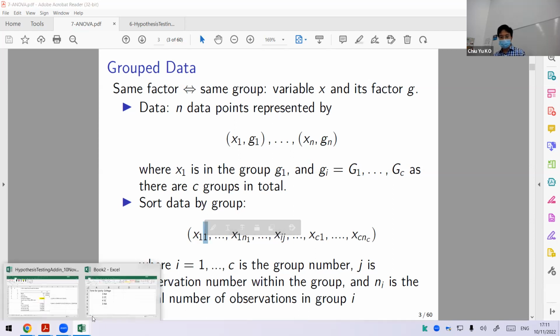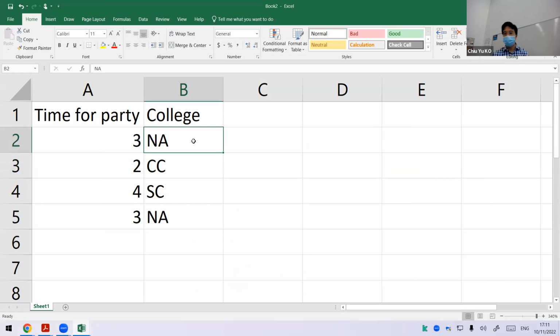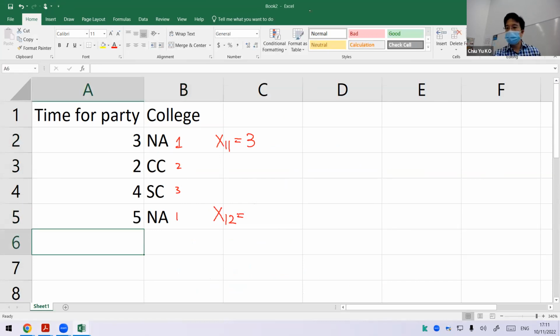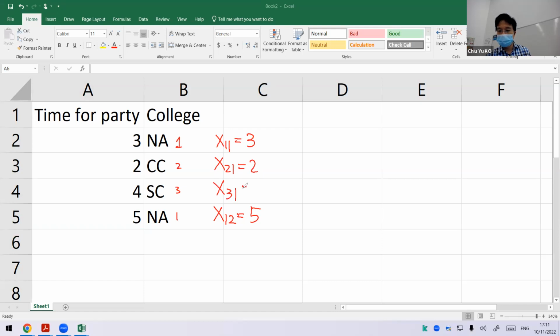Look at this case. Suppose NA is called 1, I just make it easier, and CC is called 2. This means x11 is 3 here, and here x12 is also 3. Maybe I change the number so as not to confuse, say this is 5. Here is x21, which is 2, and this is x31, which is 4.